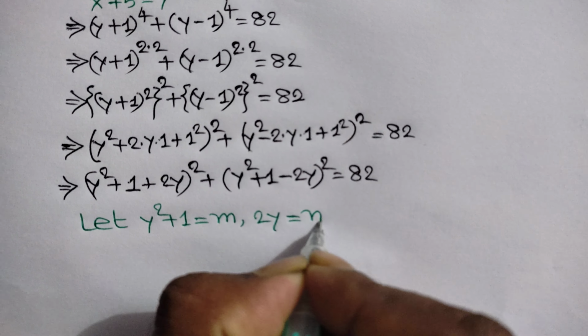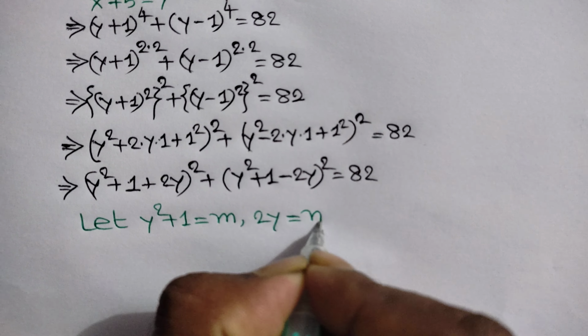Or now again we can use algebraic formula, so we can write here m^2 + 2mn + n^2 + m^2 - 2mn + n^2 is equal to 82.